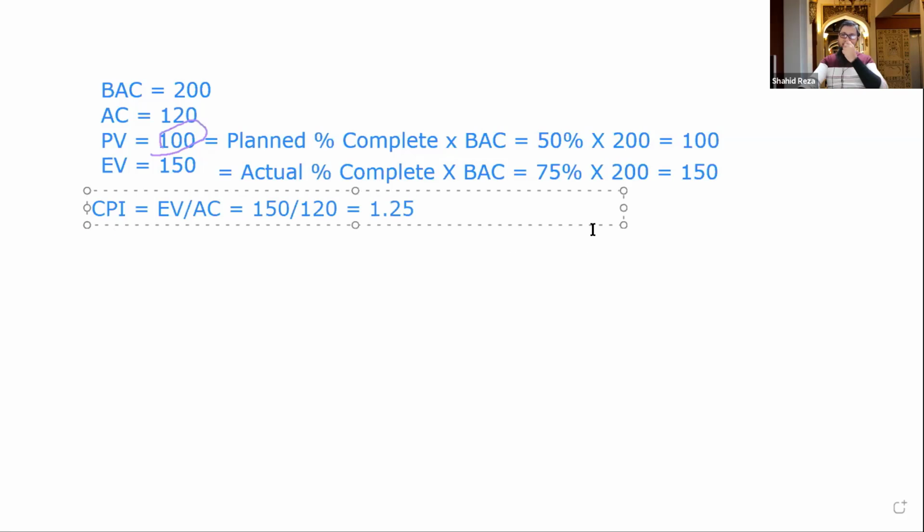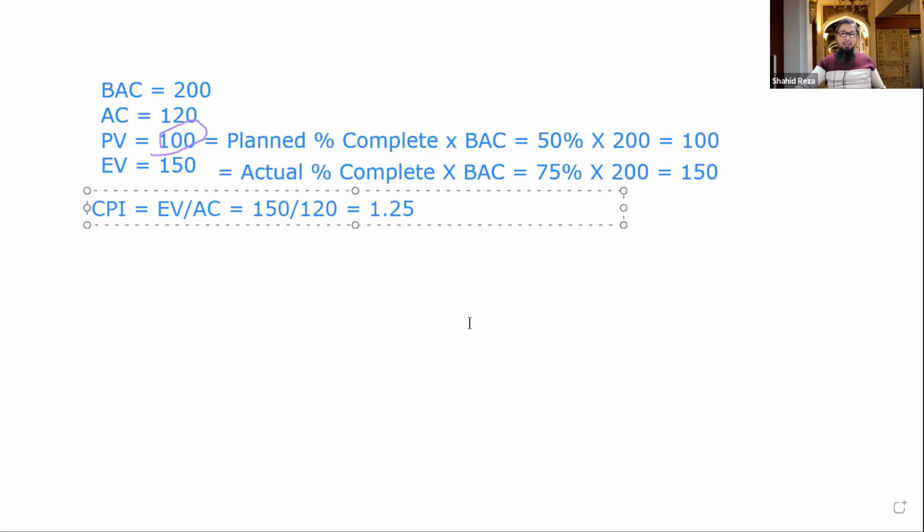The concept is very important, and the interpretation is very important. How are we doing in terms of cost? We are doing good. If the CPI is greater than 1, that means you are doing good in terms of cost. The interpretation is that by spending $1, we are creating value of $1.25.